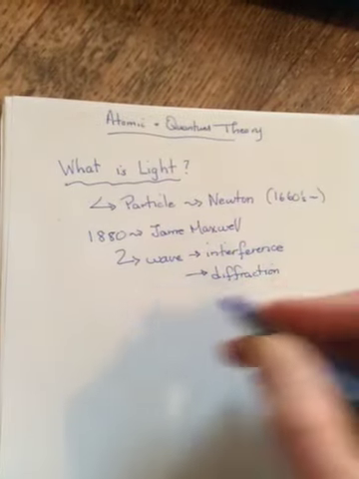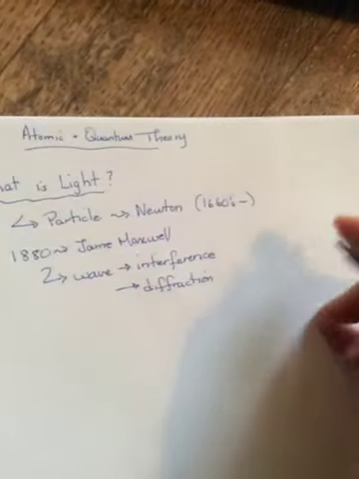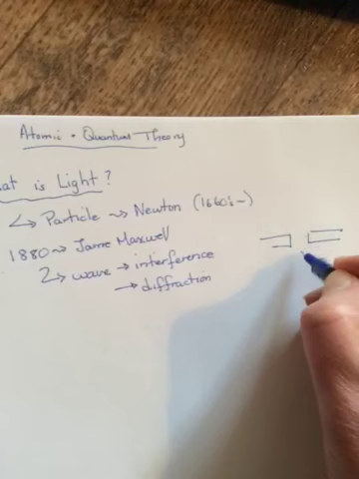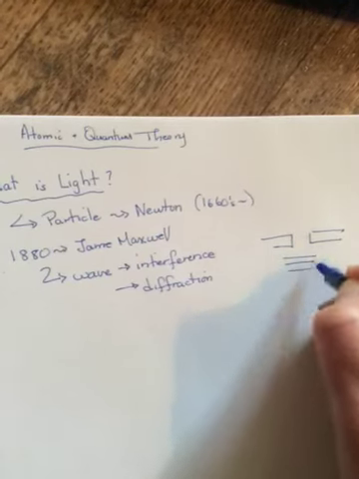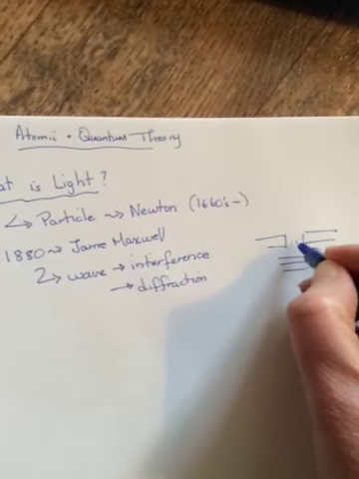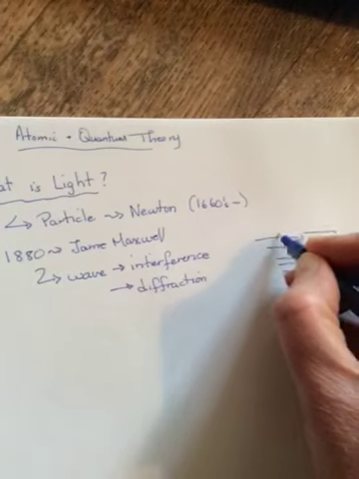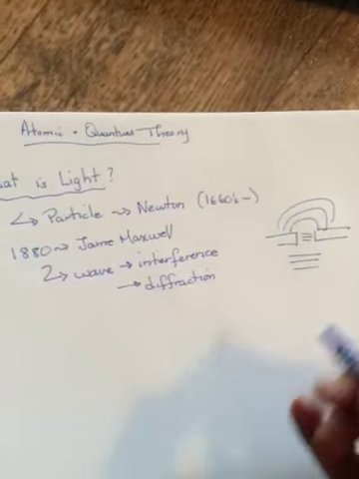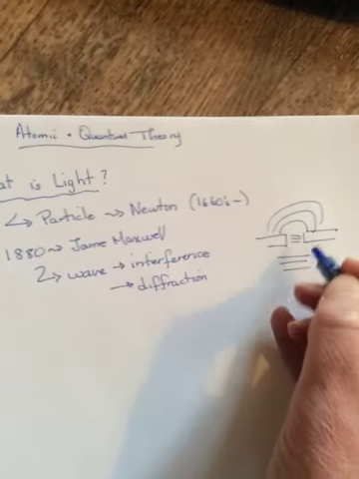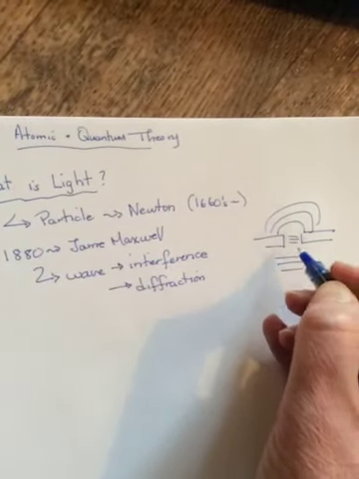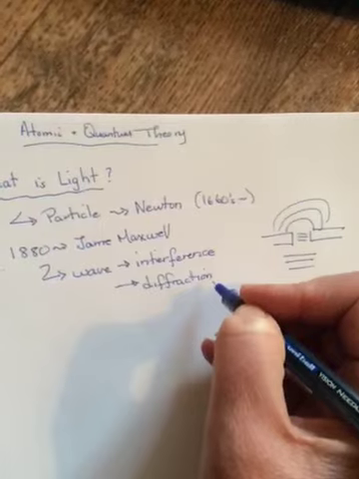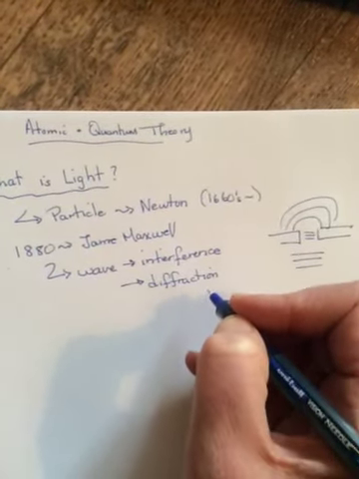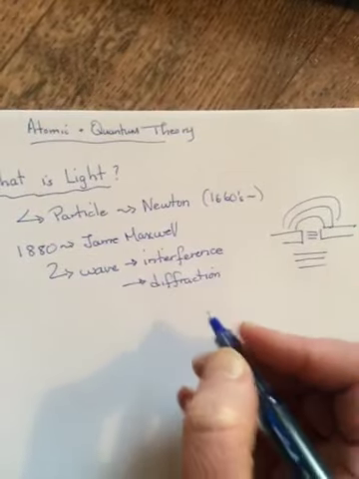And if you remember, diffraction is, again, in the ripple tank. Remember, we had a barrier, and we sent water waves into a little opening, and the waves went through the opening and then spread out on the other side. Diffraction is the spreading out of a wave beyond a barrier or around a corner. And so just like water waves, just like sound waves, light diffracts. So light must be a wave.